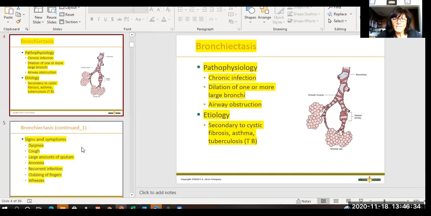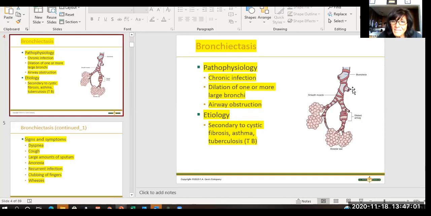First thing, bronchiectasis. Okay, so what is that? It is a chronic infection. So in other words, they always have it, but it can get worse, it can get better, it can get worse, it can get better. And it involves dilation of one or more of the large bronchi. So if you were looking inside someone's lung, you have this large bronchus, and then you have smaller bronchioles that lead to the alveoli sacs.